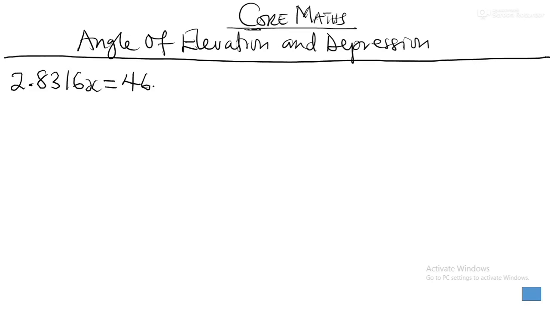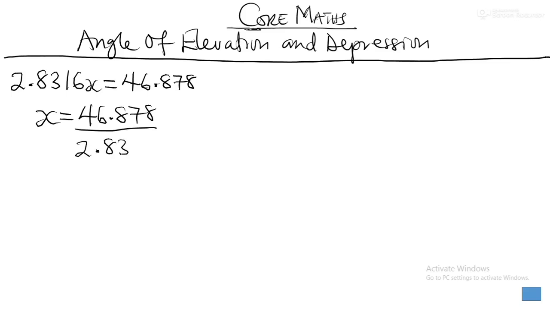Good. So now we want x, so x will be equal to 46.878 over 2.8316.